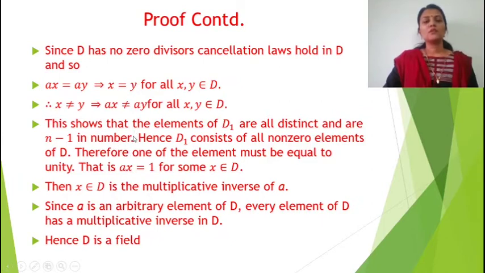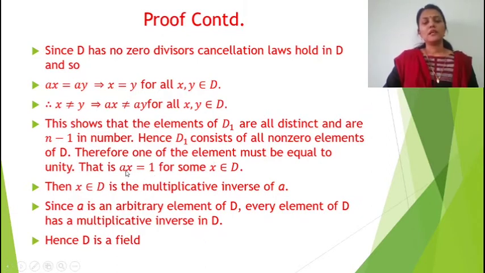So the 0 element is excluded and all other elements of D are there in D1. Hence, D1 consists of all non-zero elements of D. Therefore, one of these elements must be equal to unity.